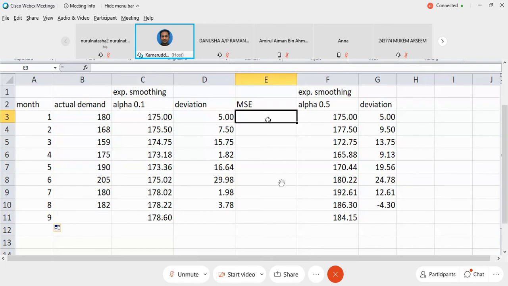Here we have 5 multiplied by 5, so we have 25. 7.5 multiplied by 7.5, we have 56.